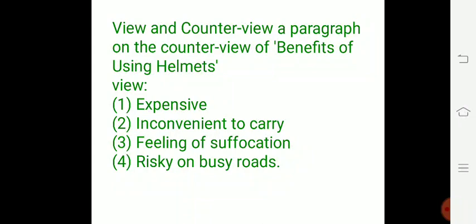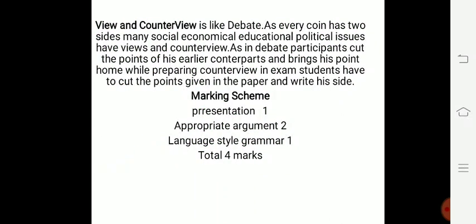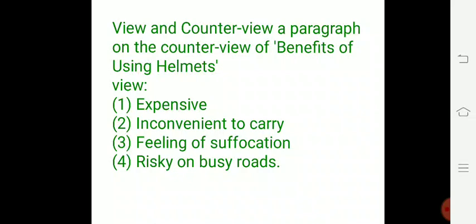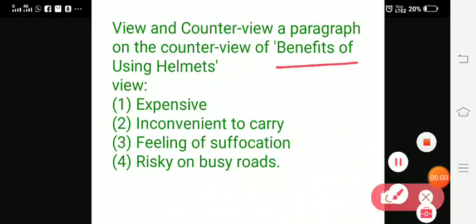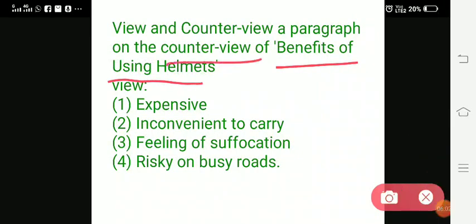So here the view section is given to you. The helmet is an expensive thing, inconvenient to carry, feeling of suffocation, risky on busy road. So these are the viewpoints. We have to write the counter view, which means we are going to write exactly the opposite of all these points. Here we are not going to change our title because the title is counter view only.